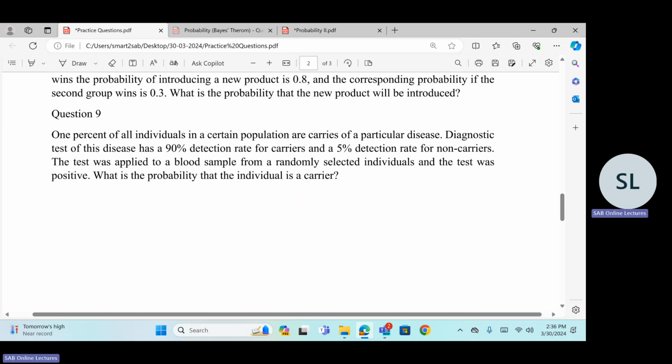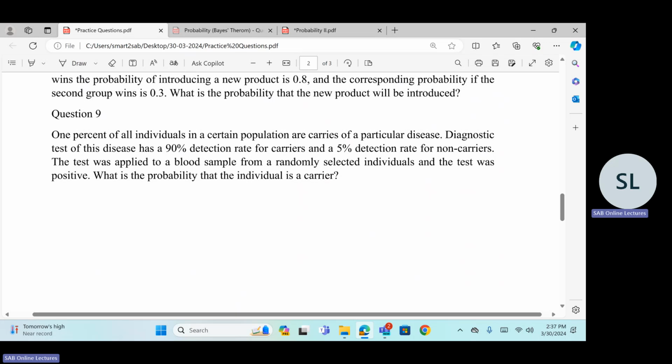See, 1% of all individuals in a certain population are carriers of a particular disease. Then 1% are the carriers, then 99% are the non-carriers. Okay, then we look at whether their test was positive or negative.